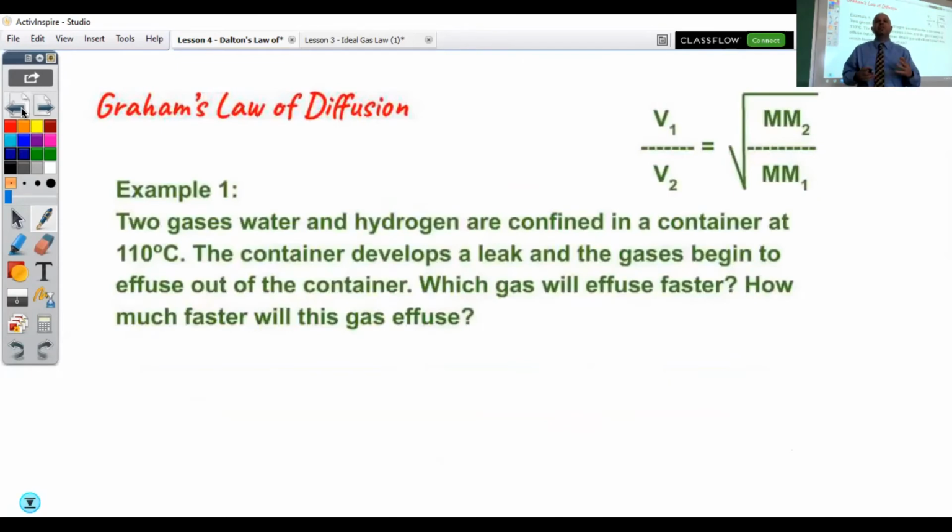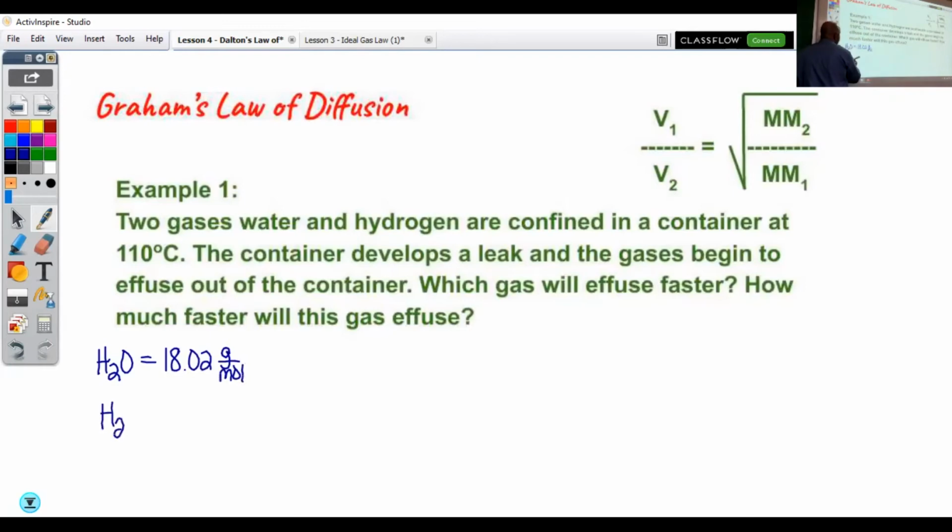Now let's take a look at two example problems to see how you would perform these calculations. So in example number one, we have two gases, water and hydrogen. Water, remember, has the formula H2O and has a molar mass of 18.02 grams per mole.